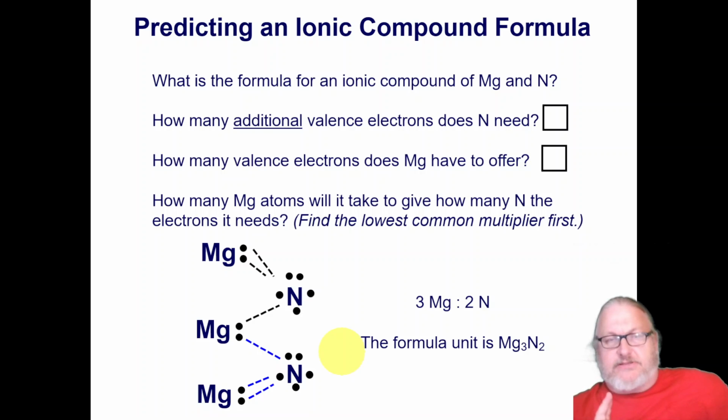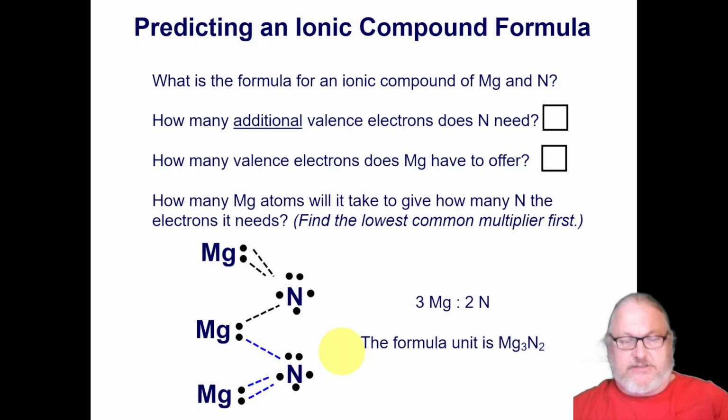Magnesium has 2 electrons to offer. So we need to find a common multiplier.